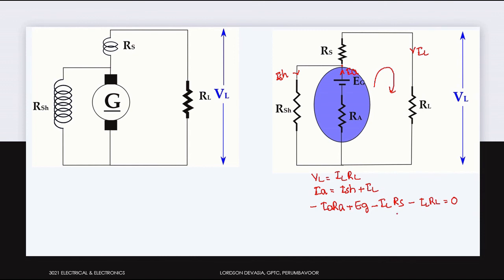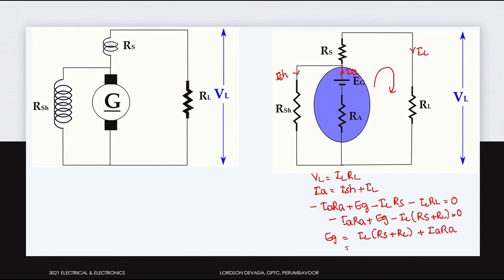So minus IA RA plus EG minus IL, taking it as common, IL into RS plus RL equal to 0. Or EG is equal to IL into RS plus RL plus IA RA.